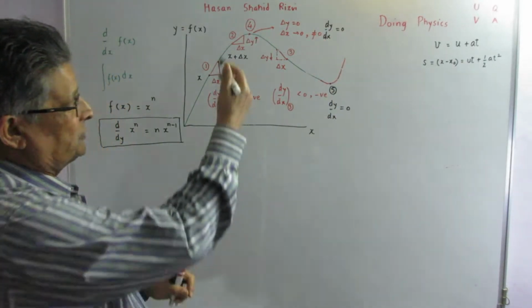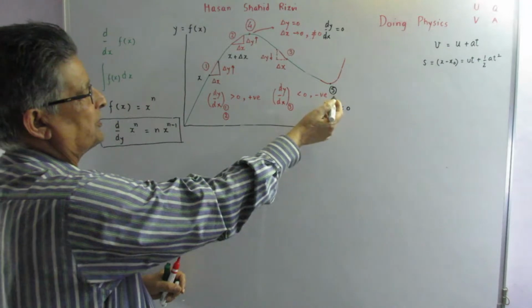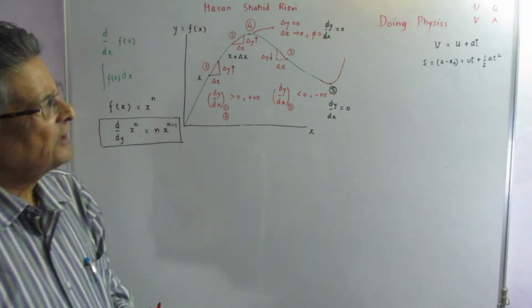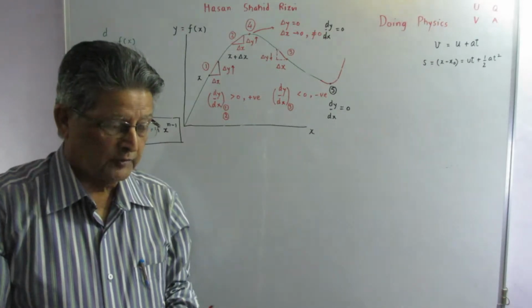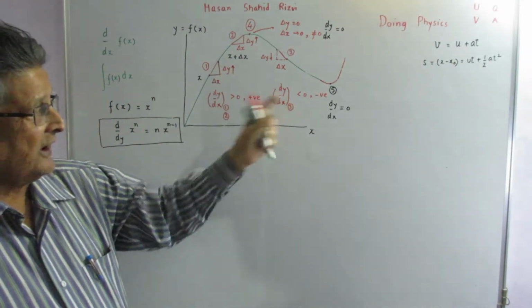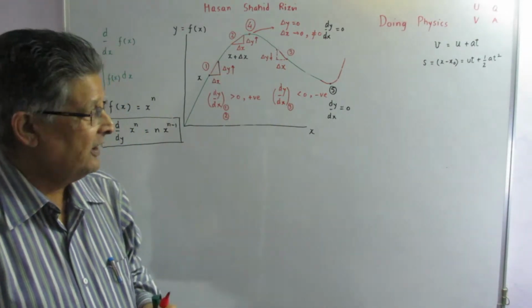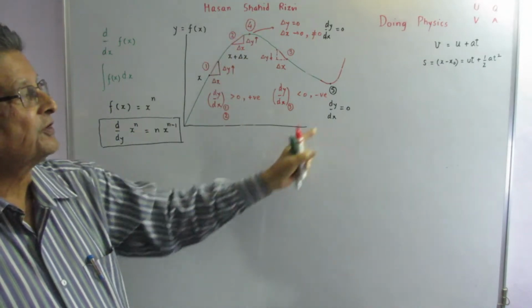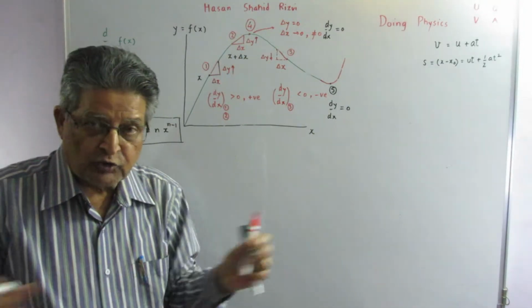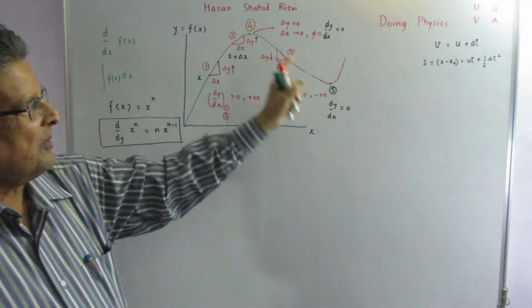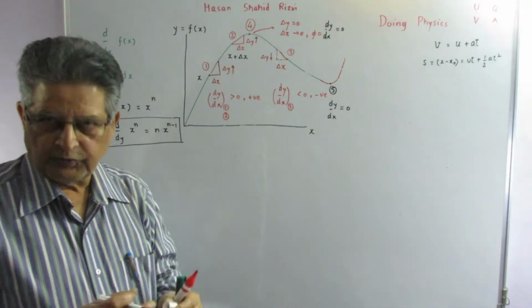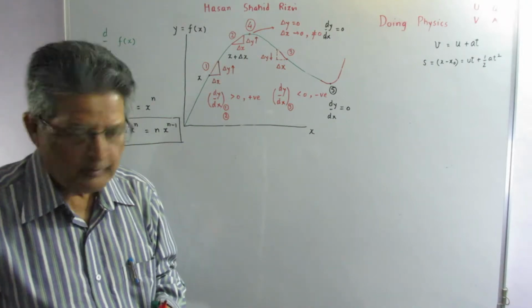So this represents a maximum, that represents a minimum, and when the occasion comes I'll tell you how to find out, because the value of 0 you obtain by dy dx. So you can say this is the maximum, or you can say minimum, so you have to distinguish between the two of them, whether it is maximum or minimum, which we together call the extremum.